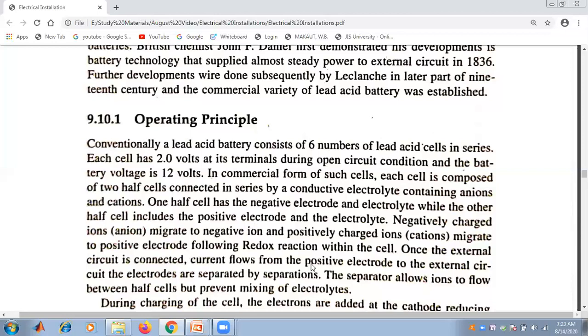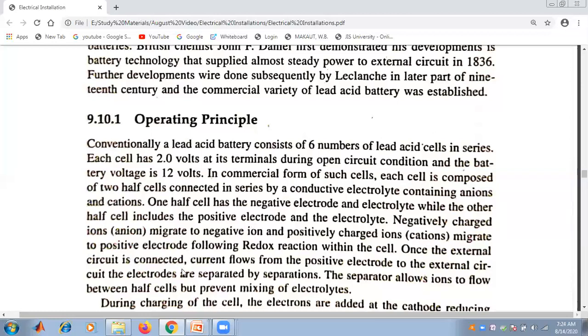We all know that the negatively charged ions, that is anions, migrate to the positive electrode, and the positively charged ions, that is cations, migrate to the negative electrode. And that follows the redox reaction within the cell.